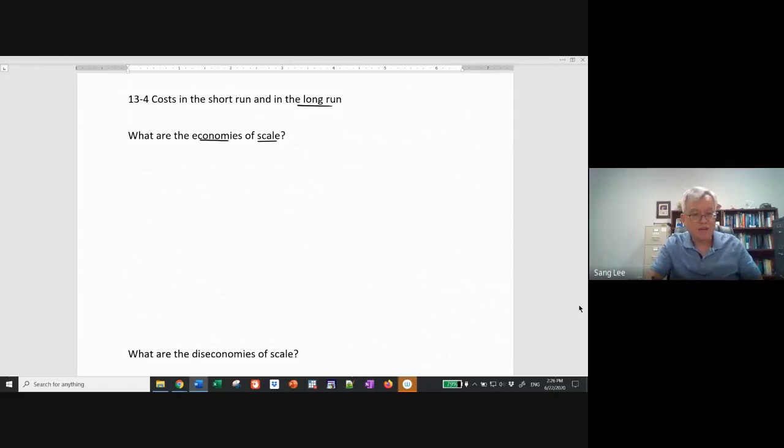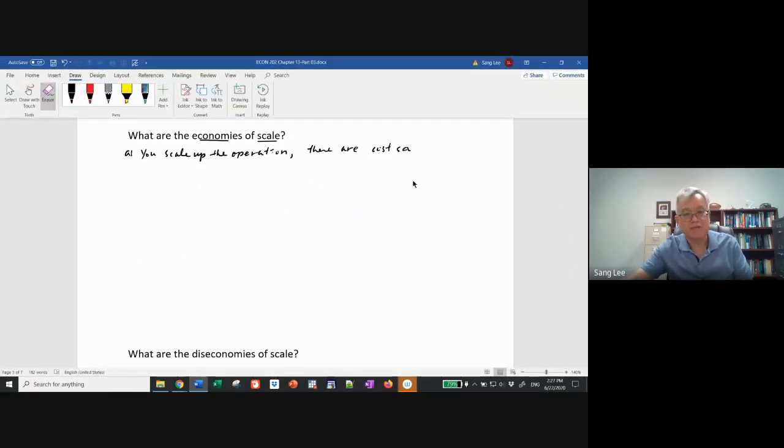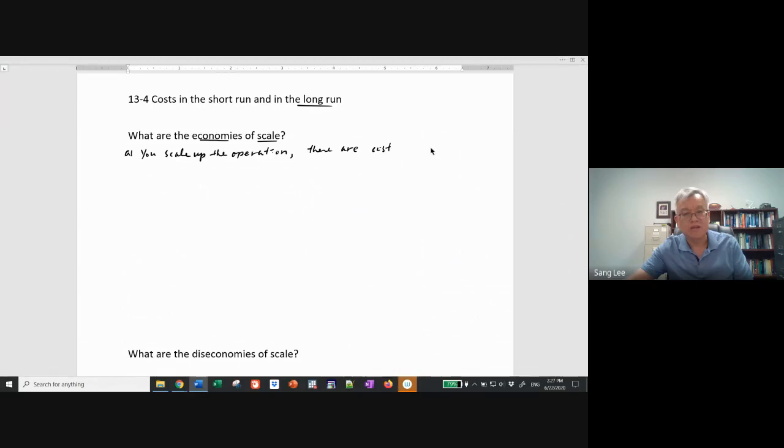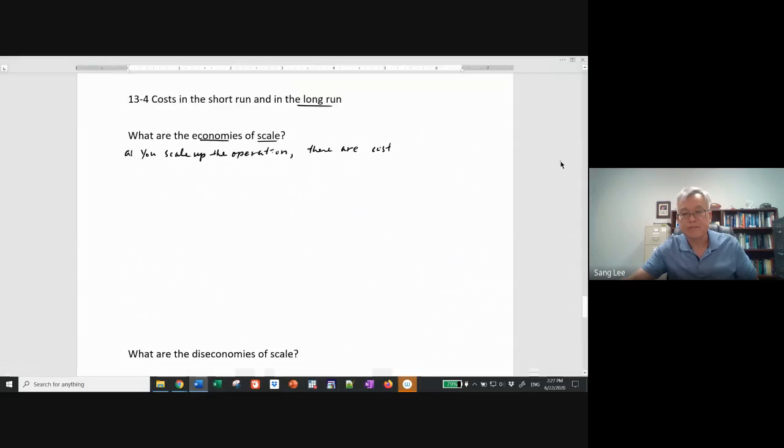As you scale up the operation, there are cost savings. Okay, that's exactly what we mean by economies of scale. Okay, so there are cost savings.